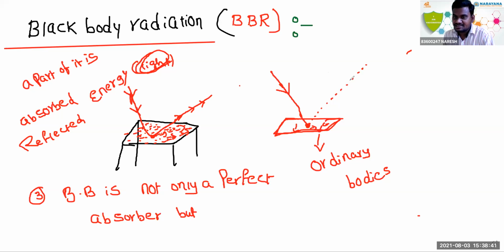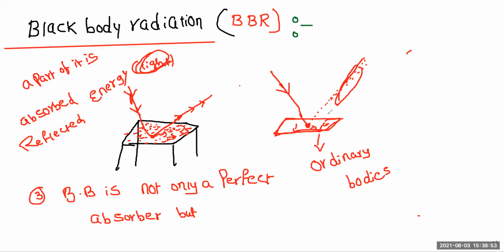Generally, listen carefully, the radiation emitted by the black body. See here, some energy is emitted by the black body. So the emitted radiation, if you keep it at high temperature. Is that reflected, sir?